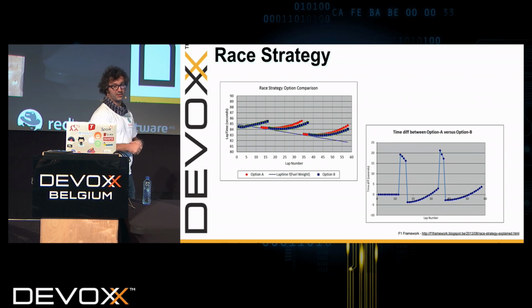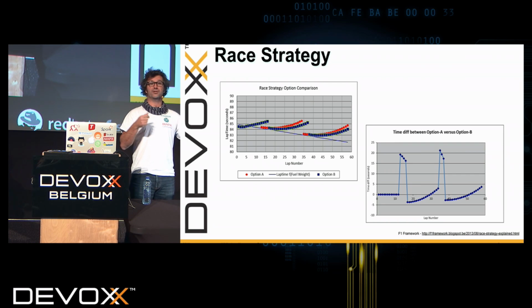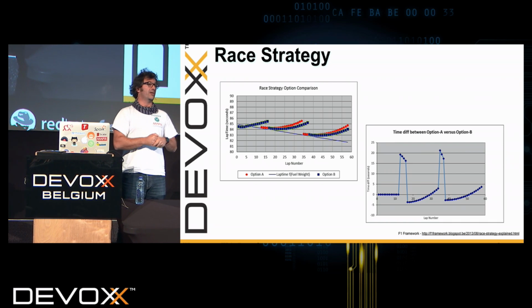Here you look at the strategy of different options on the weight of the car, comparing two options. When do they stop the car to change the tires, to add more gas, and so on, and analyze the time that they lose or win during the race.